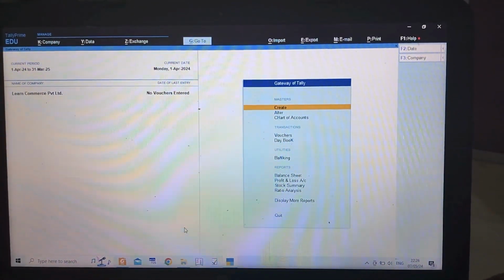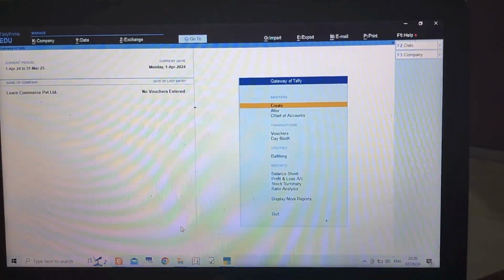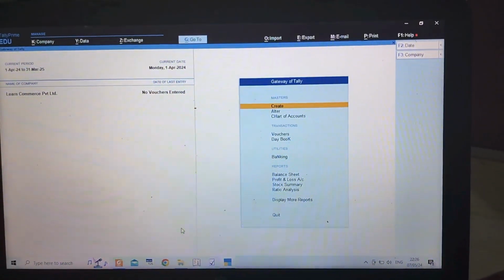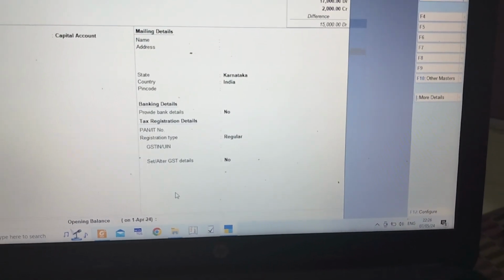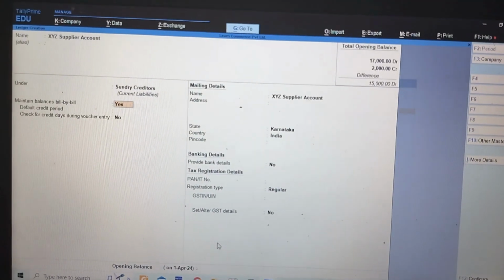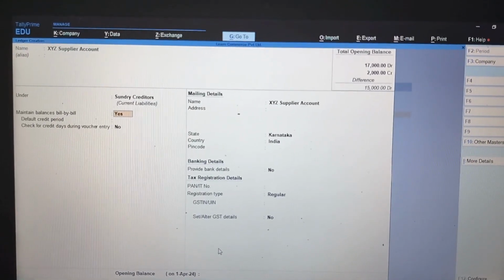So let's proceed. The next type of ledger we will create is a sundry creditor. Then I'll show you how to create. Here I created XYZ supplier account as a sundry creditor.